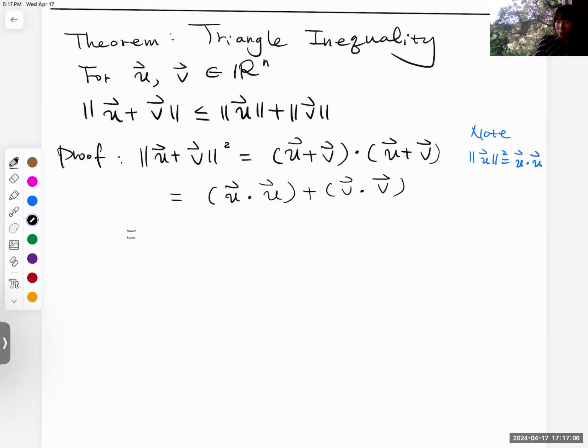All right, then this one. Do you agree with this one? So we will have this one. Look, u squared plus 2 u dot v plus v squared, right? Do you agree with this? Yes?